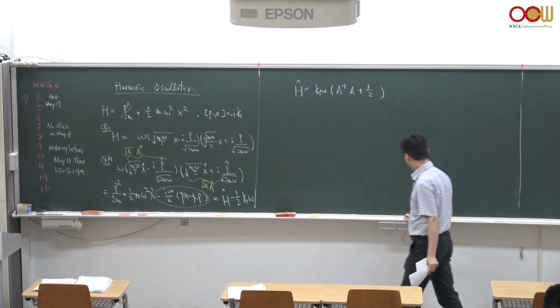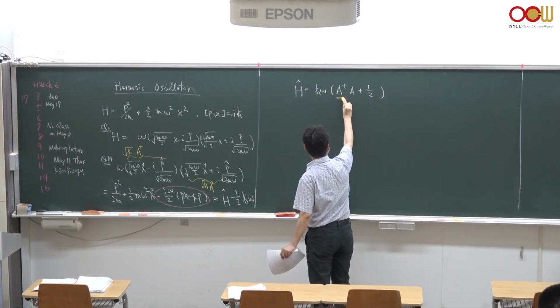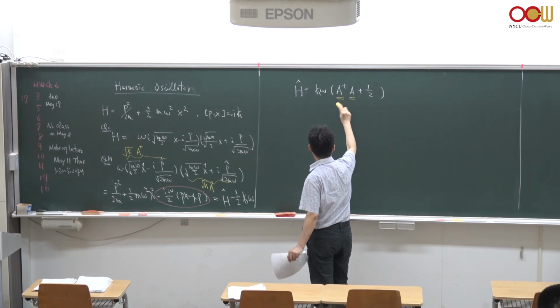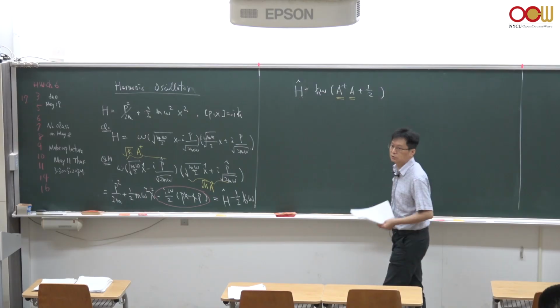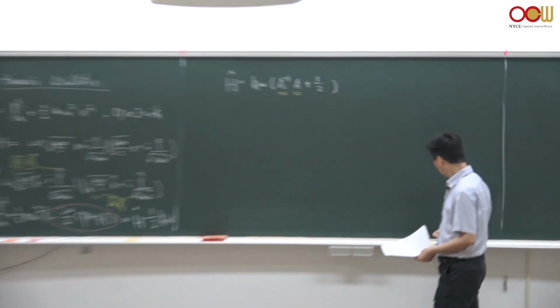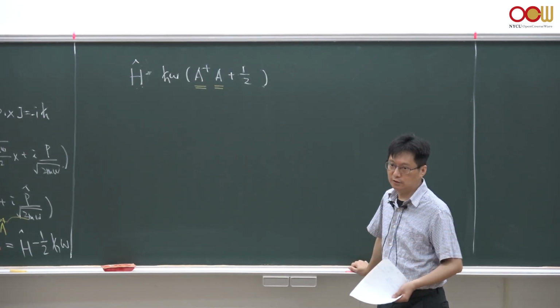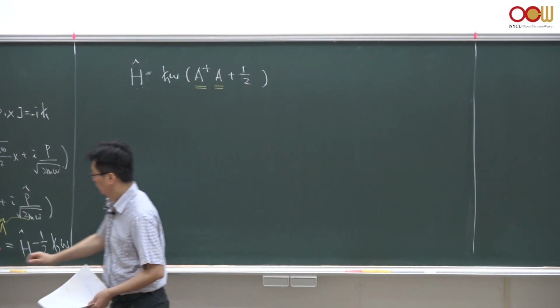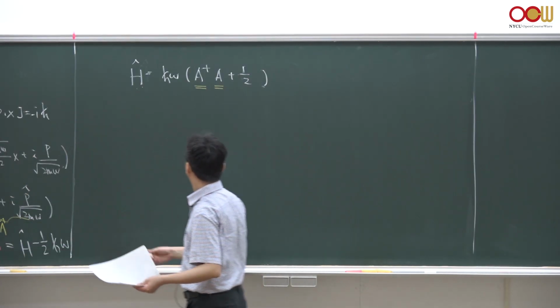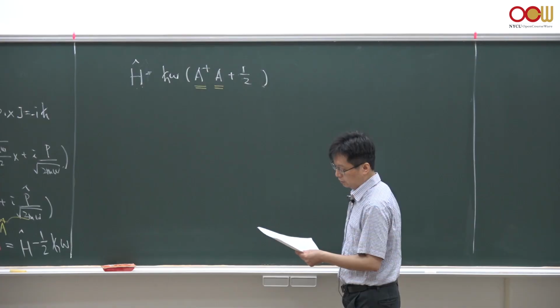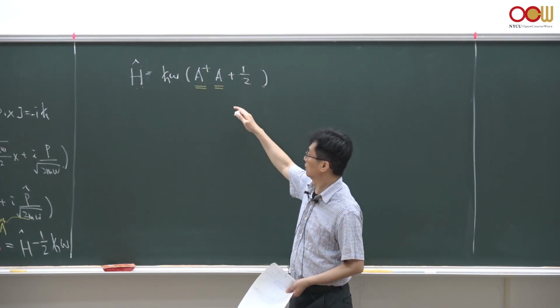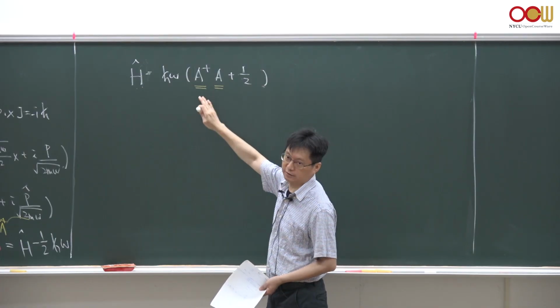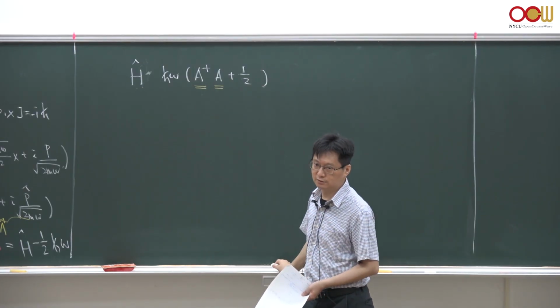So you could find the commutation relations between A and A dagger, also between A and H, and between A dagger and H, and you could see what the effect of A dagger is and what the effect of A is, and you could really derive the ground state by applying A and A dagger many times.